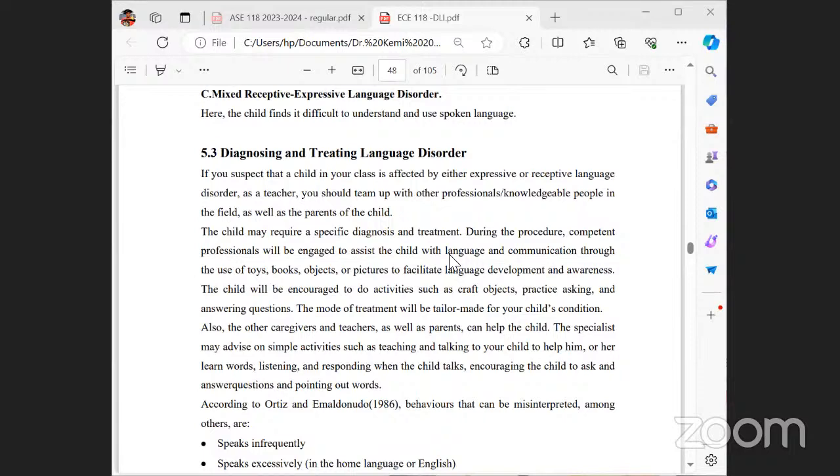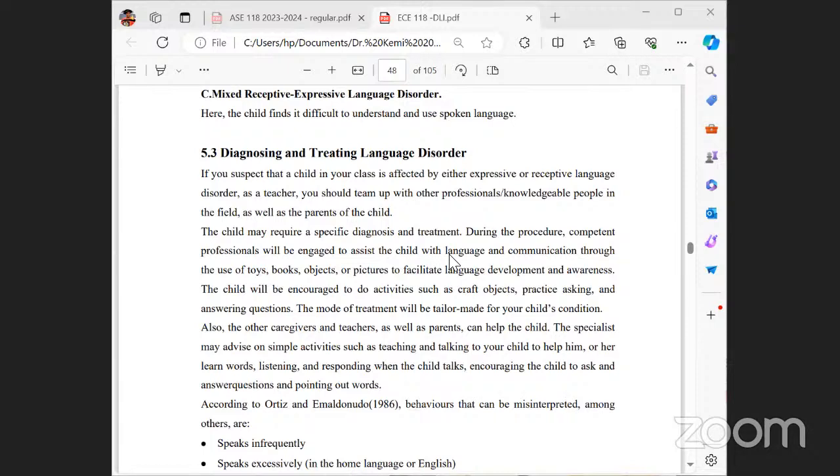To facilitate language development and language awareness, this child will be encouraged to be engaged in activities such as craft objects, practice asking, and answering questions.